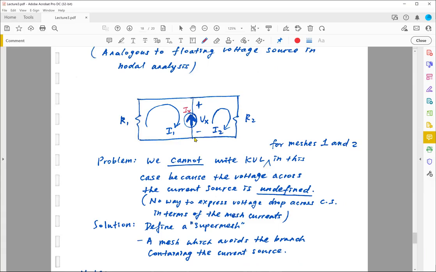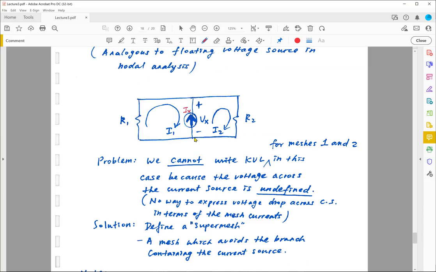In the super nodal analysis, remember we need to have another equation to relate two voltages, so that we can solve for all the unknowns. Otherwise, we'll be missing one. Exactly the same idea here. We need to come up with that equation relating I1 and I2.